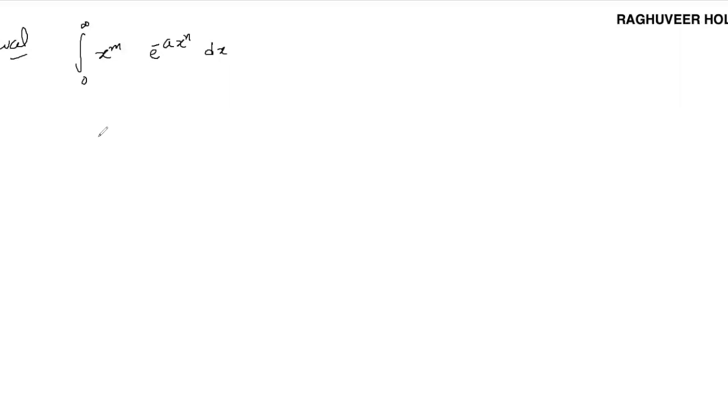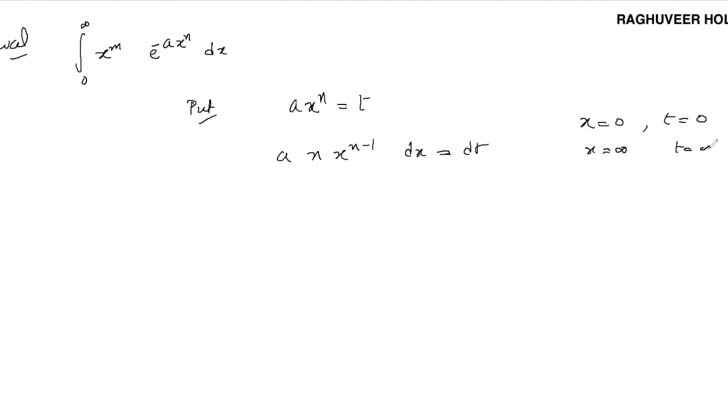Now let us evaluate the integral 0 to infinity x to the power of m e to the power of minus a x to the power of n dx. Let us put a times x to the power of n as t. So a n x to the power of n minus 1 dx is equal to dt. When x is equal to 0, t is 0, and when x is infinity, t is also infinity.